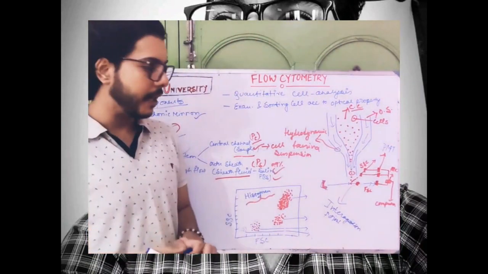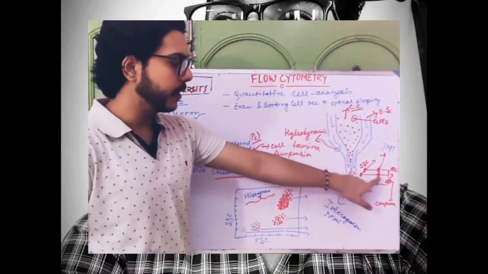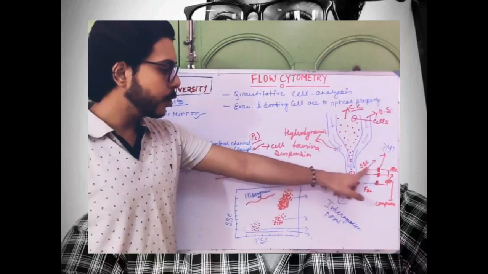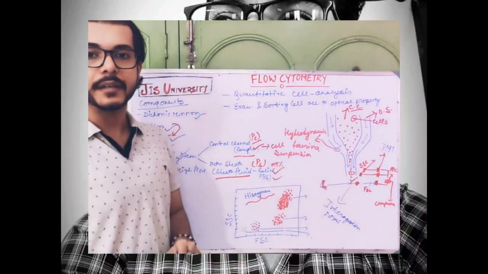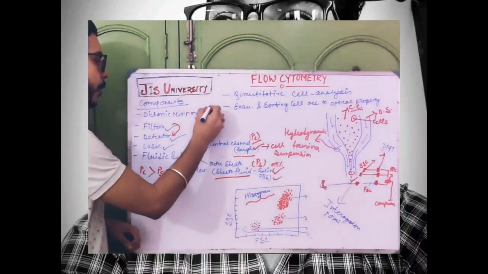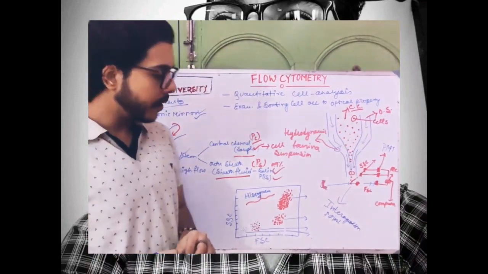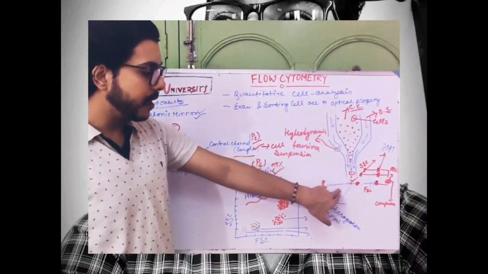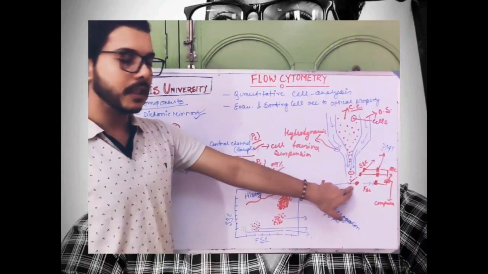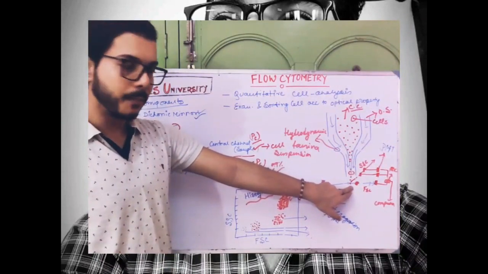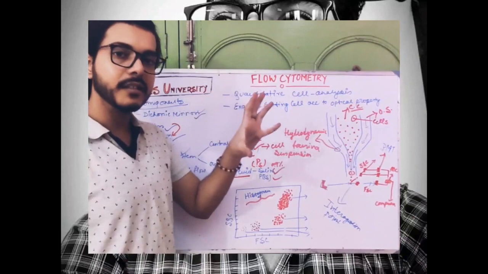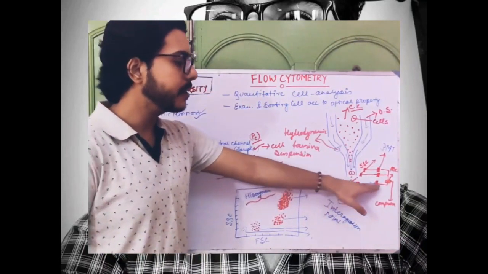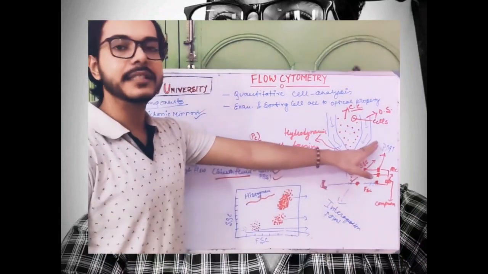Photomultiplier tube. This 1, 2, 3. This 3 is called the photomultiplier tube, and this 2 is called the dichroic mirror. The dichroic mirror I have spoken about. Before moving on to that, let me tell you, when the beam is touching this single cell in the interrogation point, the cell scatters the light. There are two types of scatter: forward scatter and side scatter.